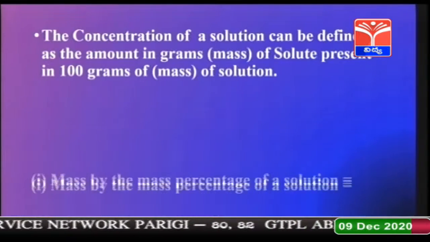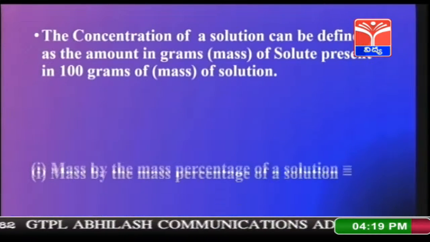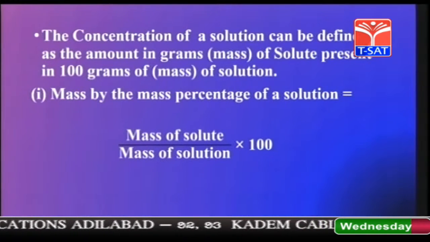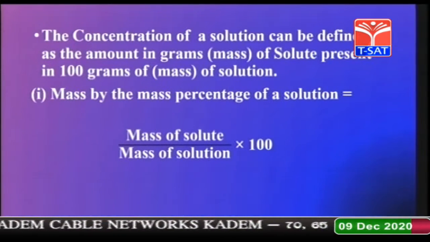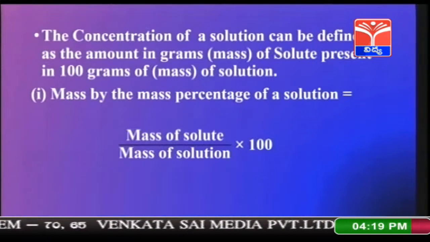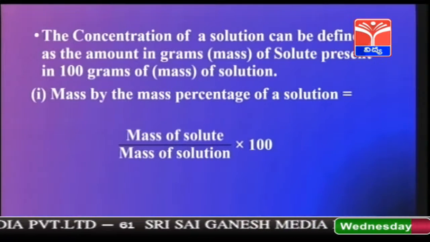This is called the mass by mass percentage of a solution. It is obtained by the formula: mass of the solute by mass of the solution into 100. As we are finding the percentage of solute present in the solution, we obtain this formula: mass of solute by mass of solution into 100.